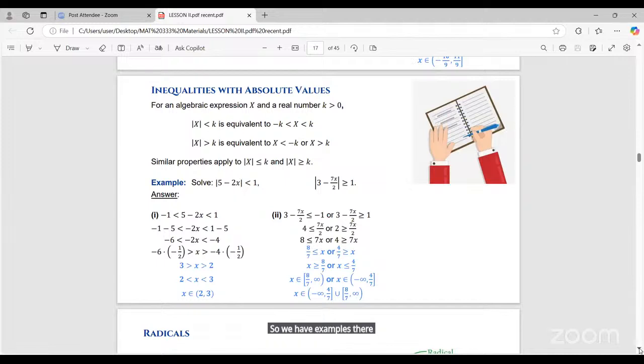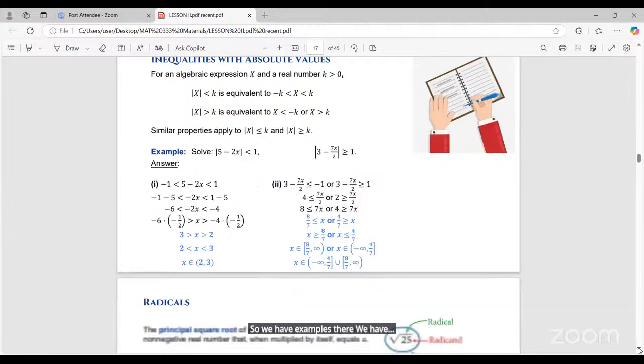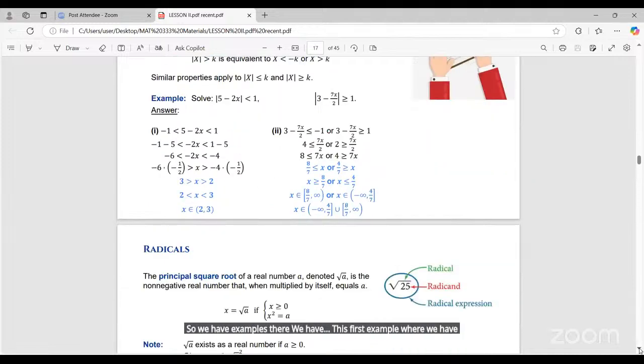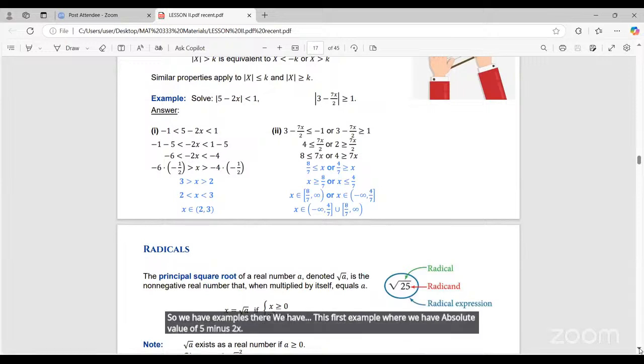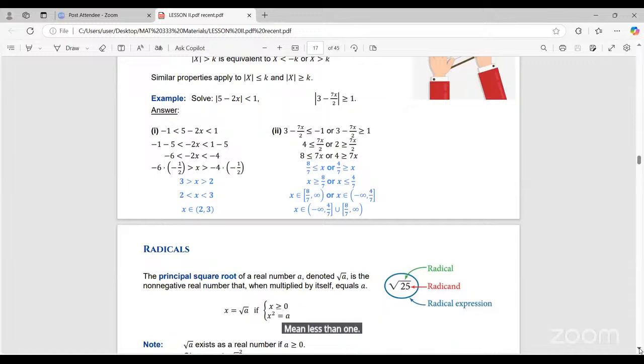We have this first example where we have the absolute value of 5 minus 2x being less than 1. So 5 minus 2x lies between 1 and minus 1. We are trying to solve this now.